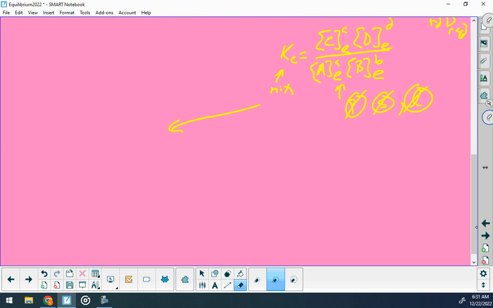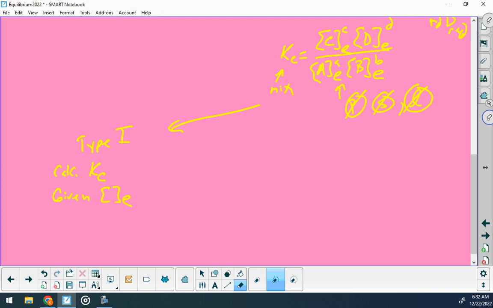All right? Good. So the first type of question, we'll call type 1, you want to calculate Kc, and you're going to be given your equilibrium concentrations for both products and reactants.